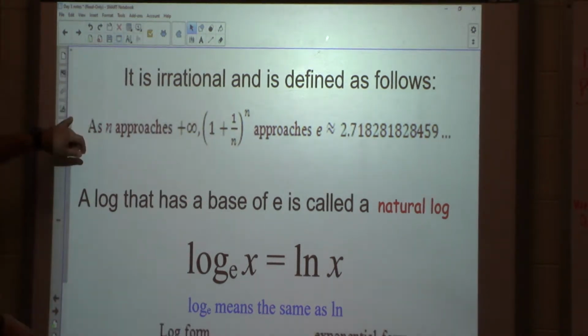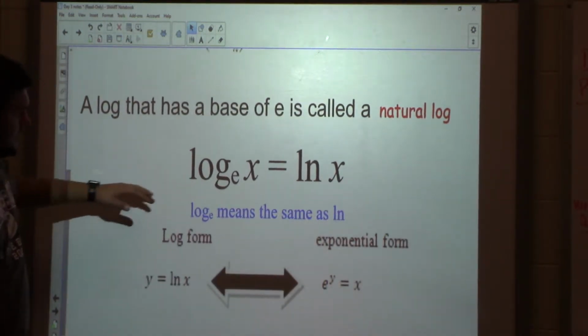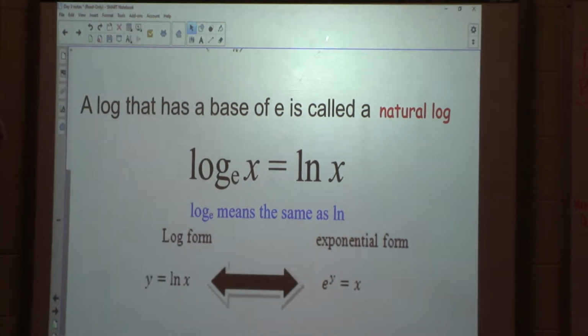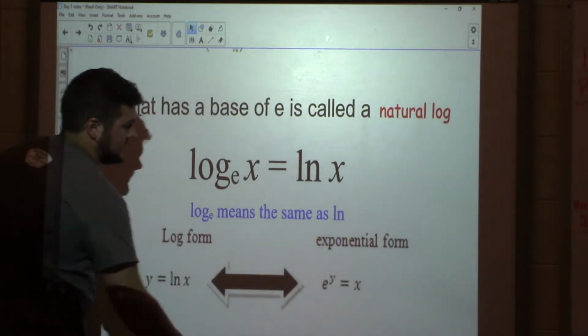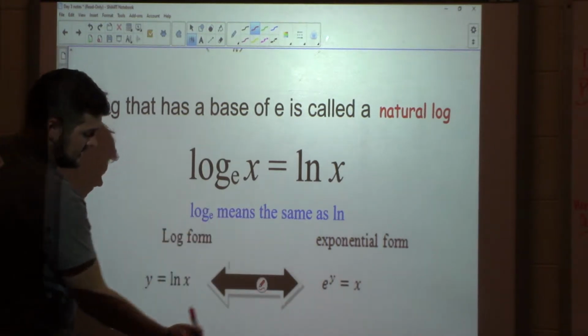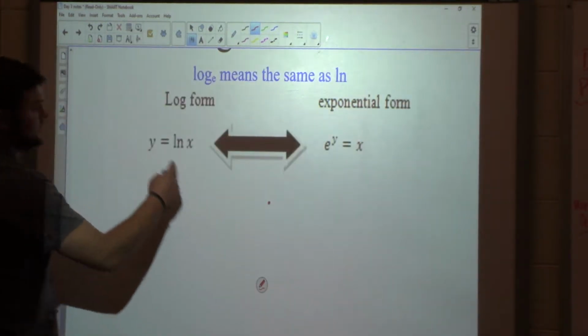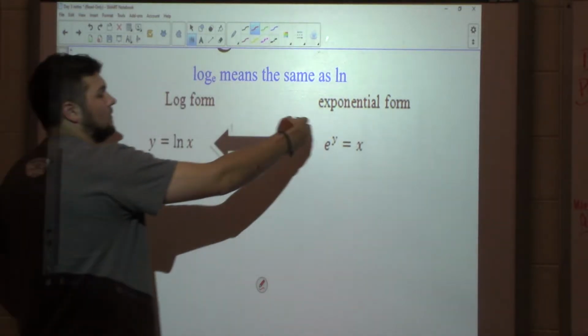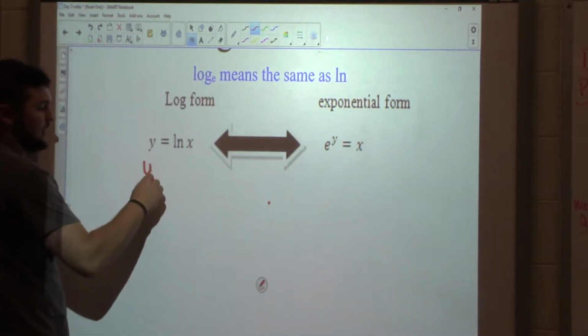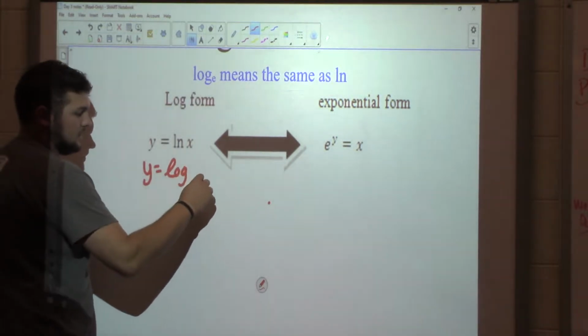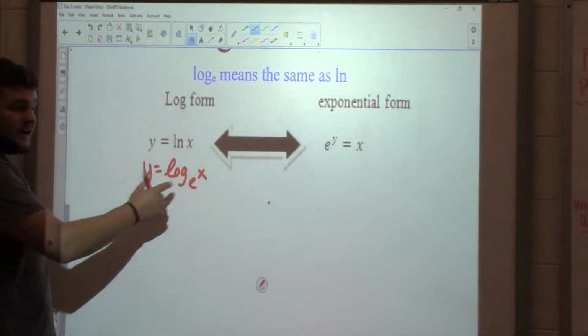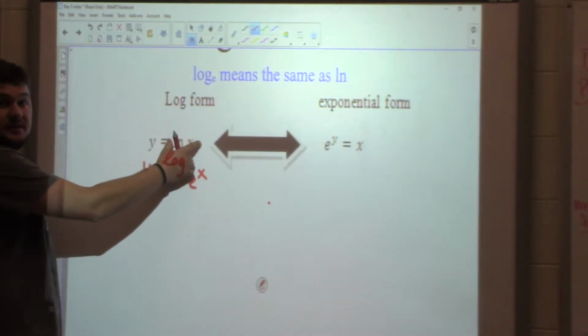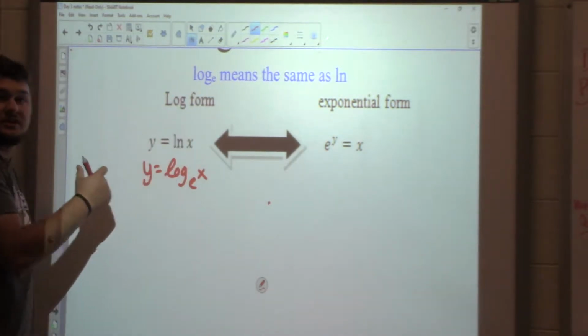Let me go down here. Log form, exponential form, same thing. We can change the natural log of x into an exponent. If y equals the natural log of x, that is the same as e to the y equals x, because log base e and natural log are the same.